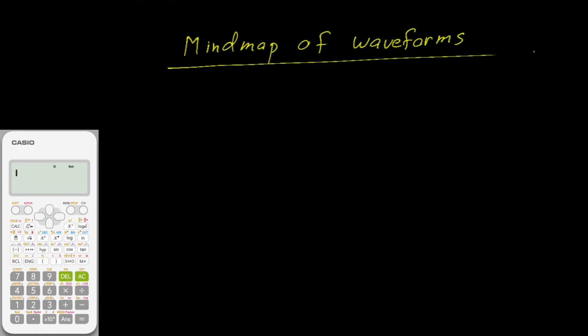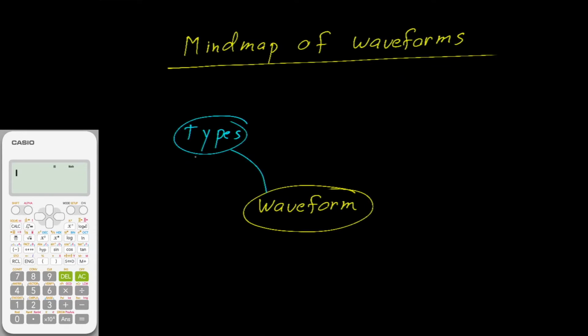As we end this discussion, I'd like to do a mind map of waveforms. Let's explore what we know and see if we can come up with some relationships. So we'll put waveforms here. We could talk about different types of waveforms. Voice. That's a rather complex one. Sinusoid, square, triangle.